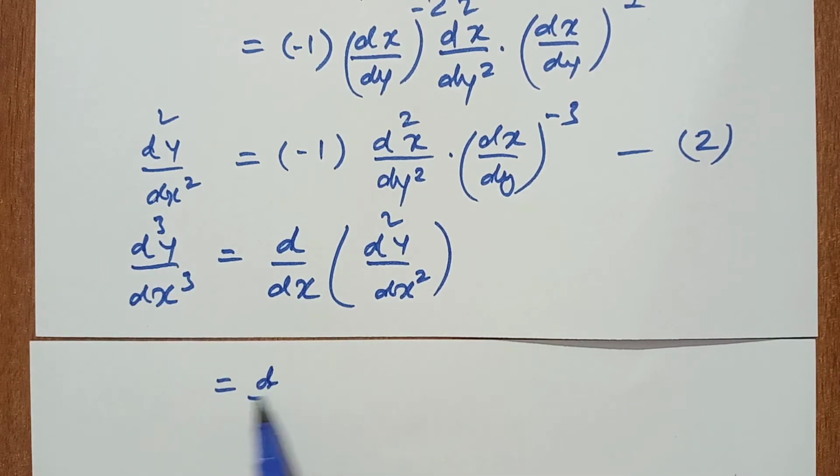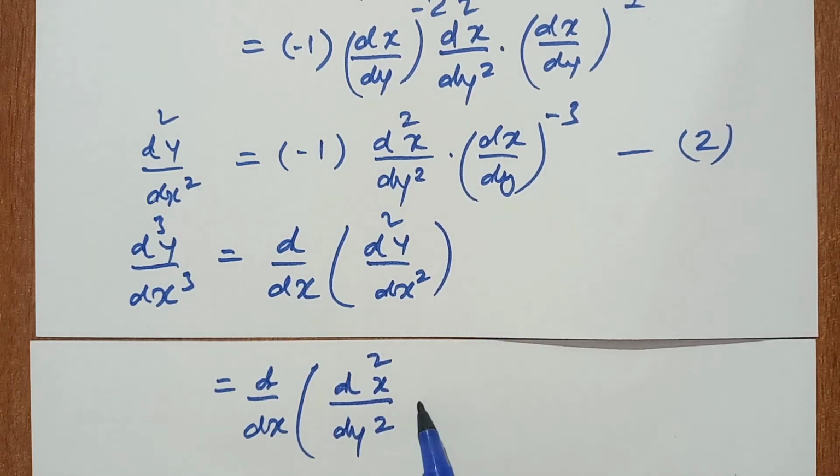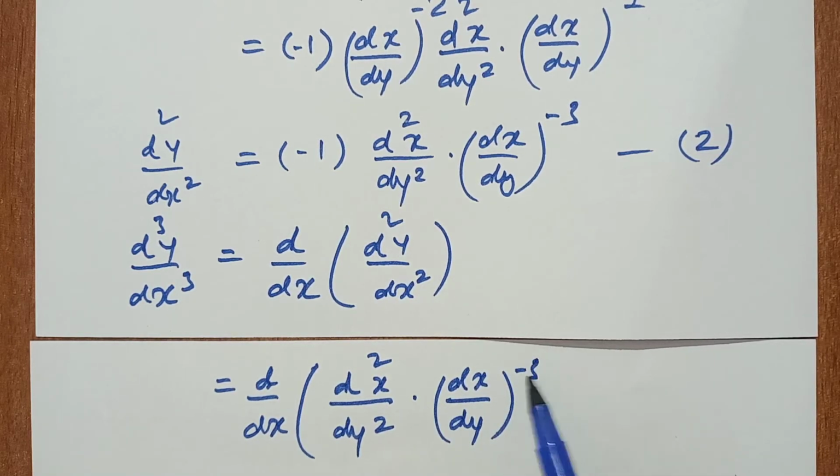This is minus d2x by dy2 into (dx by dy) to the power minus 3.